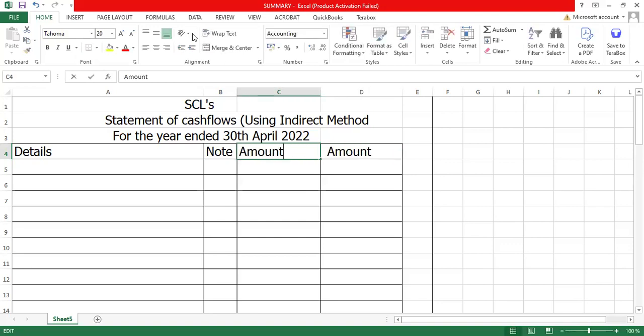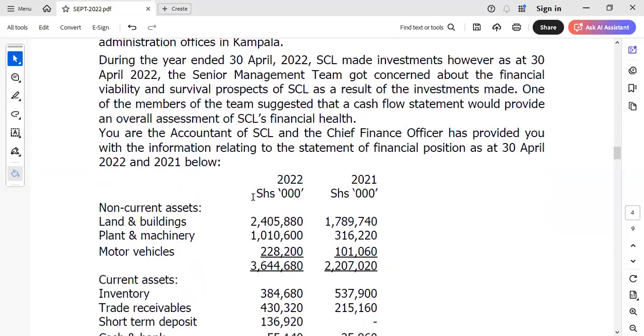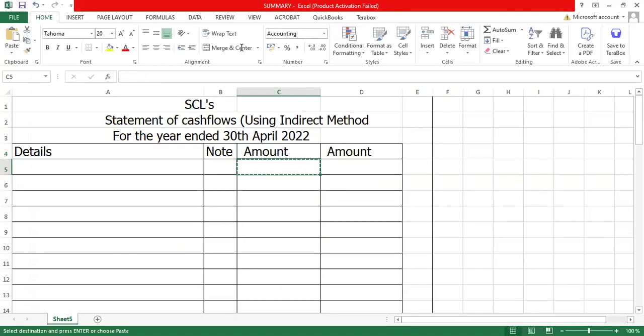Okay. We can keep our amounts in what? When you look at the financials given in this question, the examiner kept the figures in a thousand. So we can also keep our figures in a thousand.